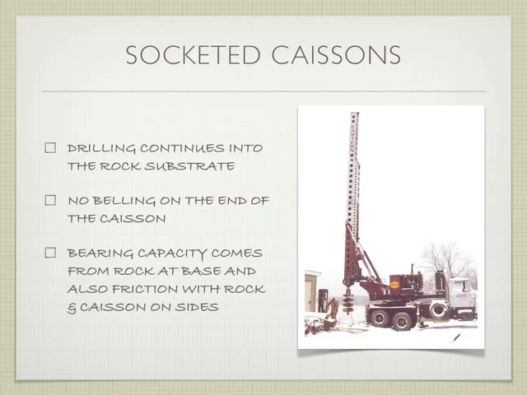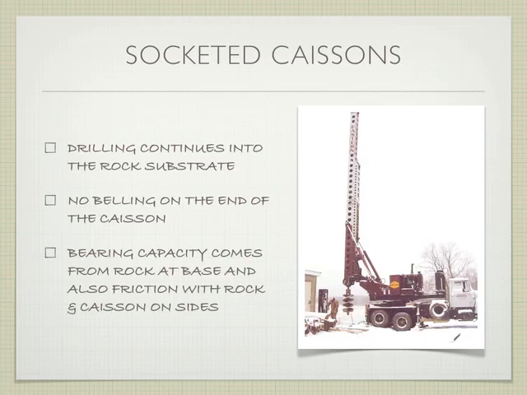Instead of just drilling down to a subsurface material that can actually bear the required weight, ideally, you're drilling down until you hit bedrock. In a socketed caisson, instead of flaring out, you're actually continuing to drill into that material. So instead of resting on it, you're drilling into the material and gaining more bearing capacity.